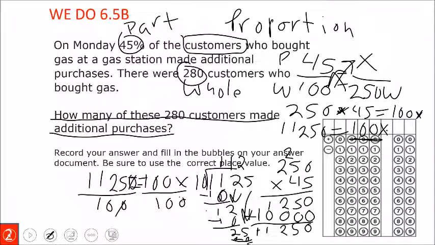Remainder of 5. We've got to put in our decimal and bring down our 0. 10 into 50 is 5. So we've got our answer is 112.50.